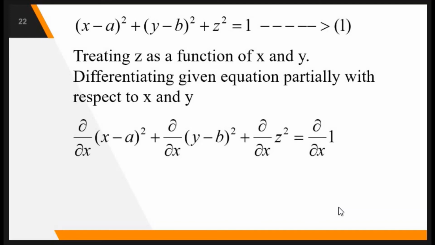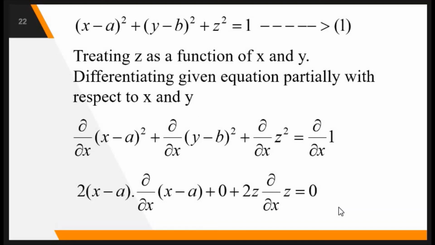Now what is the differentiation of x minus a whole square? It is 2 into x minus a, but x minus a you have to differentiate again, plus what is the differentiation of y minus b? You know y and b are constants, so 0, plus z square. What is the differentiation of z square? It is 2z into dou z by dou x, equal to differentiation of 1, which is 0.